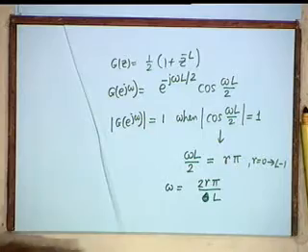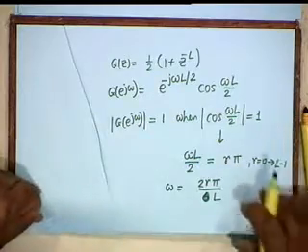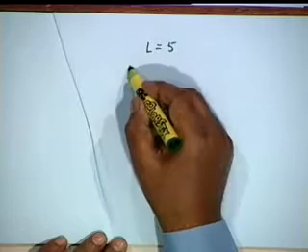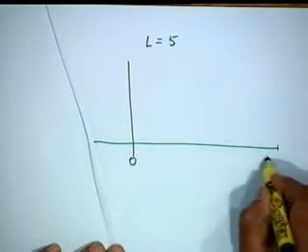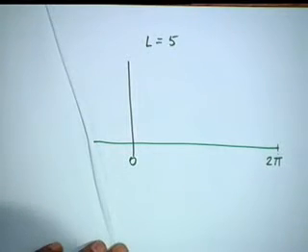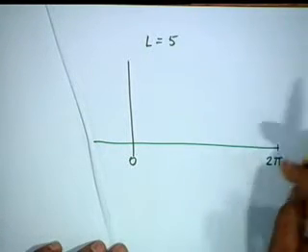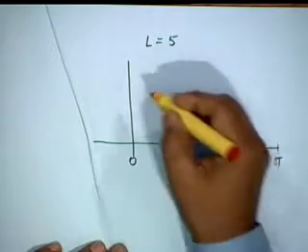Okay. For example, if L is equal to 5, let us say, all right, then our frequency response, if we plot from 0 to 2 pi over one complete period, then the frequency response, it is a low pass filter.